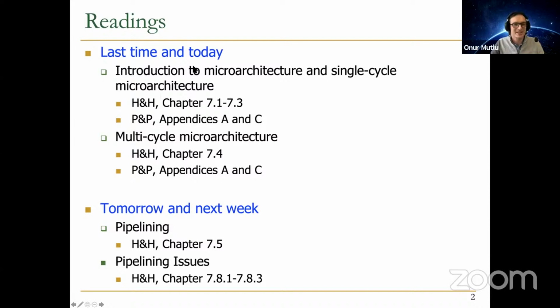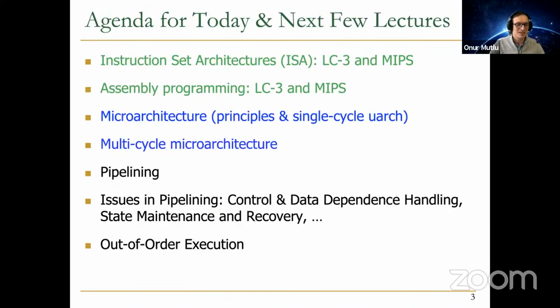And these are the readings. This includes last time and today. Today we're going to cover multi-cycle plus single cycle. And tomorrow we'll start pipelining and continue with pipelining issues. Over the course of the next few lectures, we're essentially going to improve the performance of the basic machine that we designed last time and make it much, much more powerful, culminating in out-of-order execution, for example, and looking into deep issues in out-of-order execution.